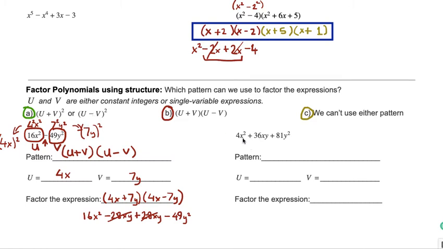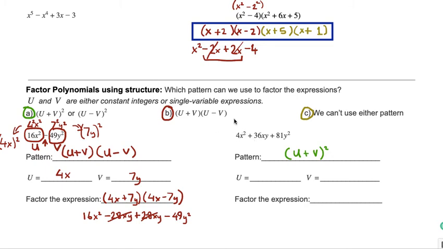So for this one here, we notice it's a positive. Our middle term is positive, and therefore it's a u plus v squared pattern. Okay? If this middle term here was negative, it would be a u minus v squared pattern.